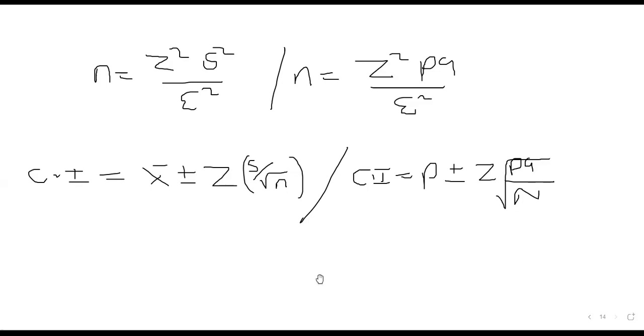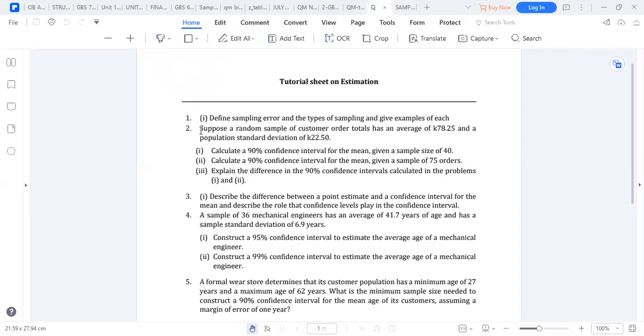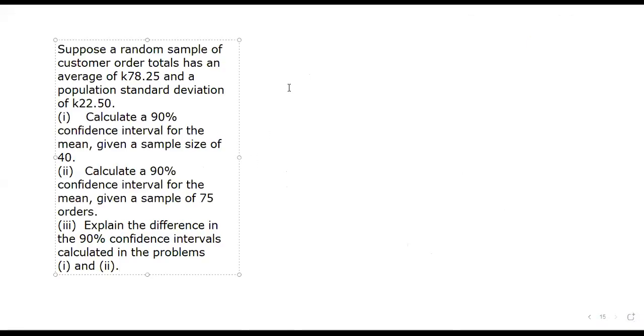So let's look at this question, number 2. He loves these questions so much, so I need you to understand them so that you're ahead of class. Suppose a random sample of customers has an average of 78 and a standard deviation of 22.